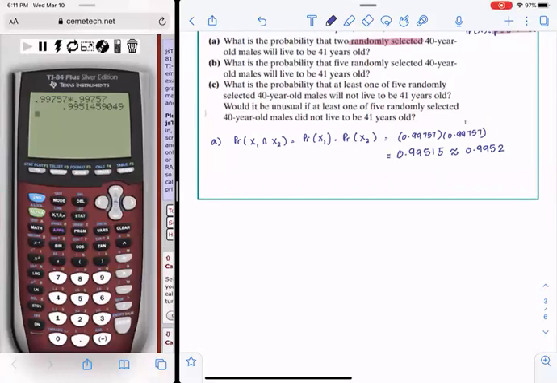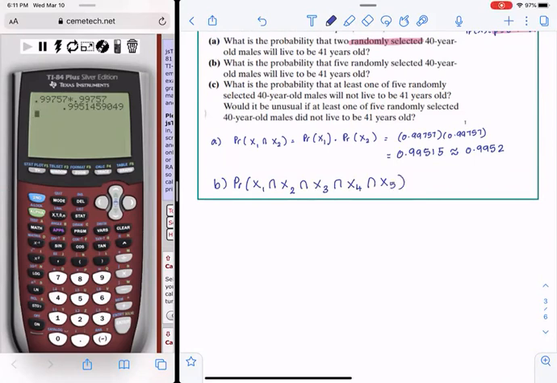Now, extending the idea, what is the probability that 5 randomly selected 40-year-old males will live to be 41 years old? So I'm going to index them the way I did it in the previous problem. The first one would live to be 41 years old, and the second one, and the third one, and the fourth, and the fifth.